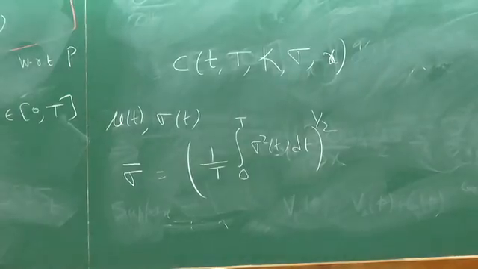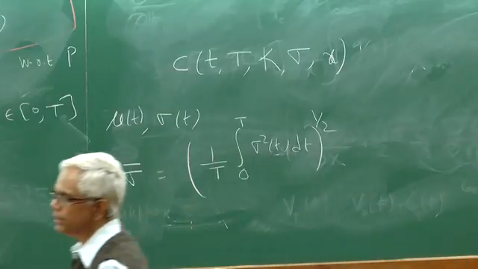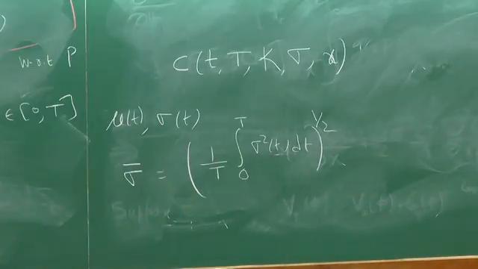So this is the average volatility, right? So if sigma is a function of time, again the Black-Scholes formula is valid, the market is complete, everything is fine, and replace sigma by the average volatility. It will work.